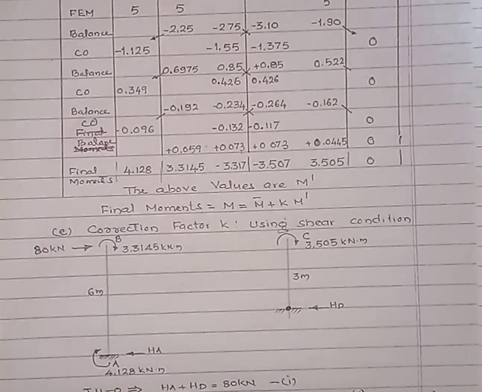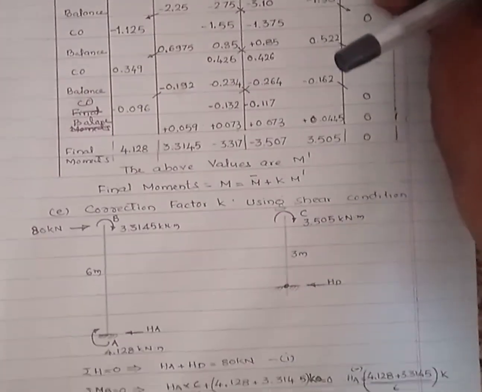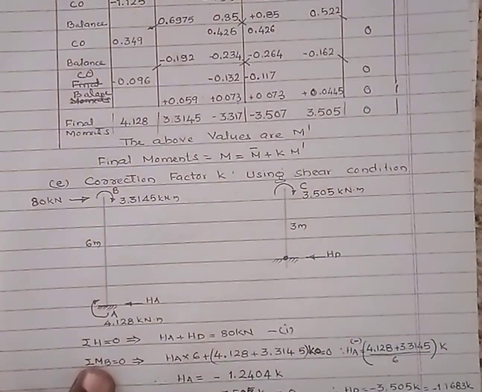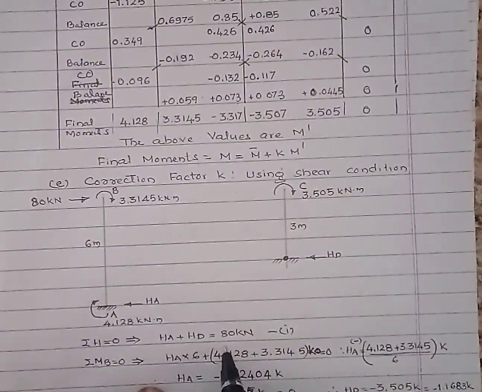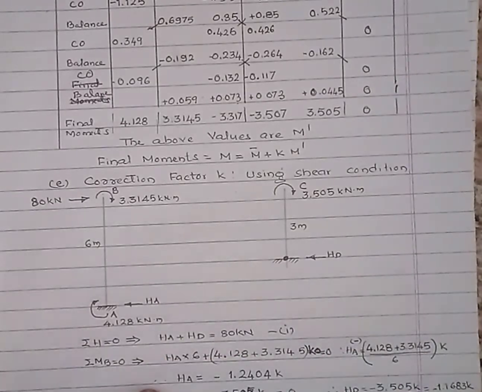Here by the equilibrium of the horizontal forces, summation of H equals 0, that is HA plus HD. HA and HD, both we have assumed towards left side.